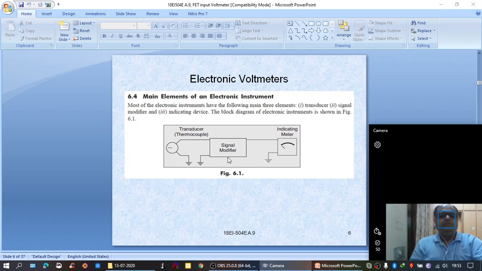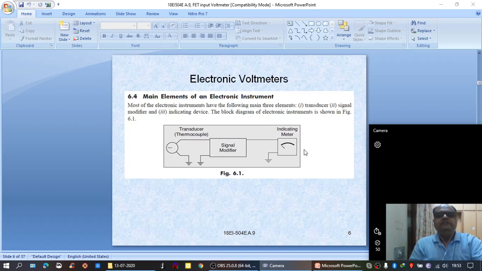Suppose the transducer output is very low and it cannot produce substantial deflection in the indicating meter, then this intermediate device, the signal modifier, will increase the amplitude and then it is applied to the indicating meter, so that you can see a substantial movement of the pointer over the calibrated scale and you can read out the value.